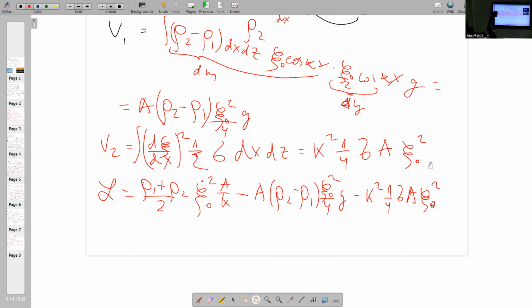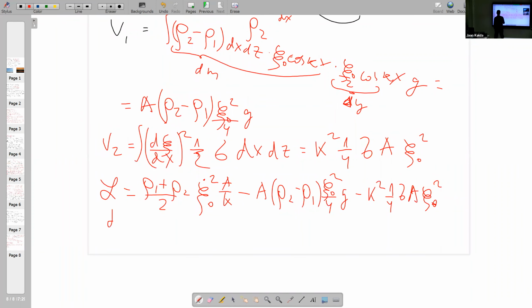And now dL over d psi dot and time derivative. So we have d over dt of dL over d psi naught dot is going to be rho 1 plus rho 2 psi naught double dot, and A divided by k. Oh, sorry, no, I made a mistake. We have the outstanding time derivative, it's just like that.